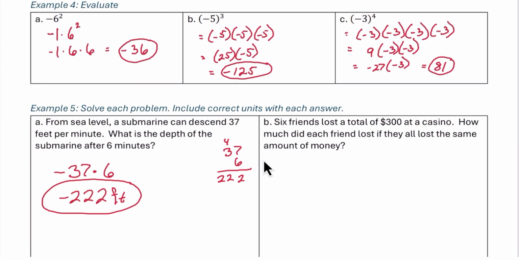6 friends lost a total of $300 at a casino. How much did each friend lose if they all lost the same amount of money? We have 300 that they lost, so let's think of that as a negative value. And we're dividing it by 6 friends.